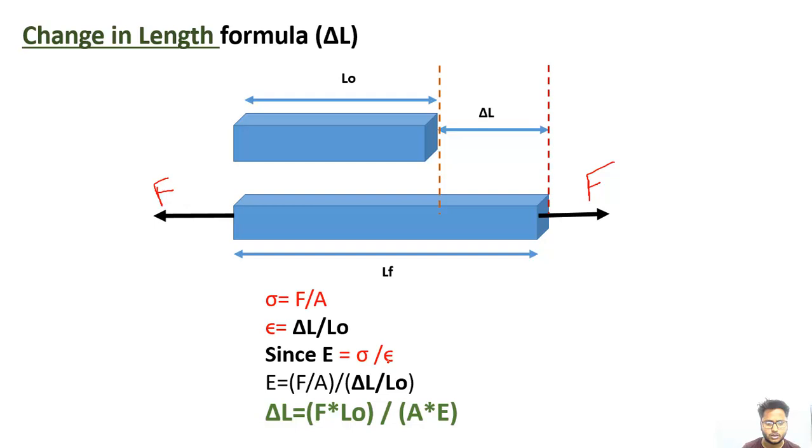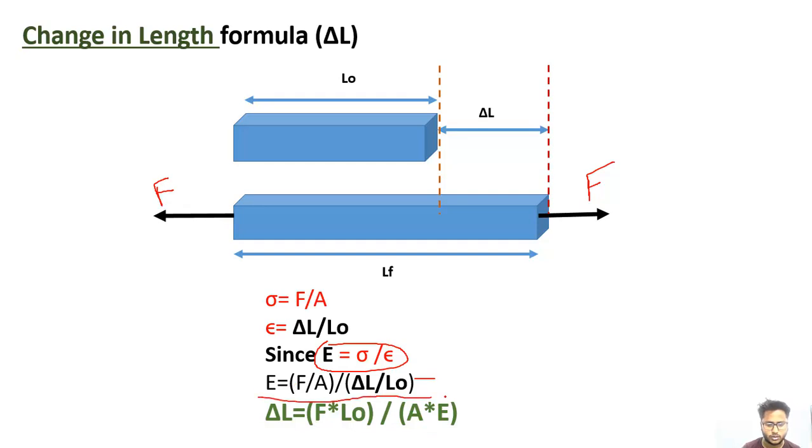Since E equals sigma upon epsilon, this is Hooke's law. Putting sigma equals F upon A and epsilon equals delta L upon L0, because strain is change in length upon original length, we get delta L equals F L0 upon A E.